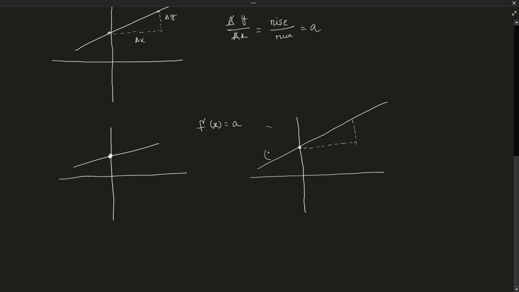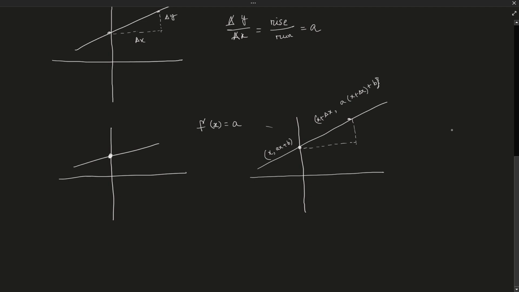This will be x comma ax plus b, and this point will be x plus del x comma a of x plus del x plus b.